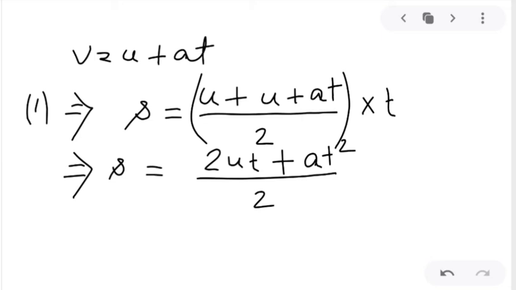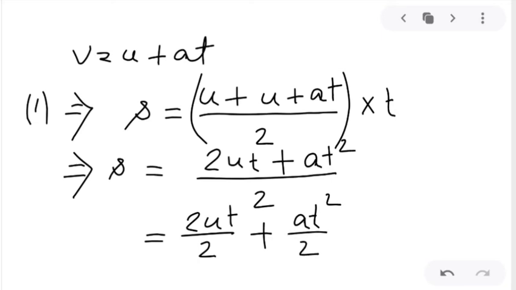Now see the next step. There are two terms here, twice ut and at square, and we divide both terms by 2. So we can write twice ut by 2, plus at square by 2.